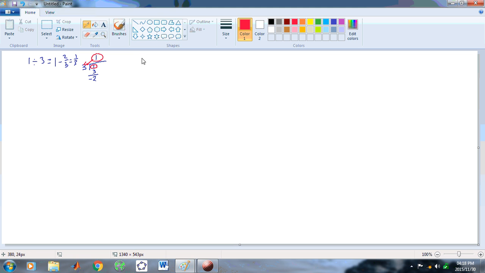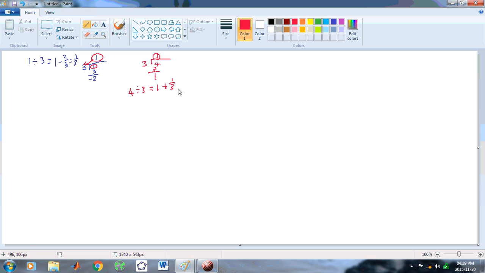Similarly, you will see that if you try the same exercise with 4 and 3, it doesn't matter what you put up here. Let's just put 1 again, no problem. And you will see again that 4 divided by 3 is equal to 1 plus this one over 3, right?